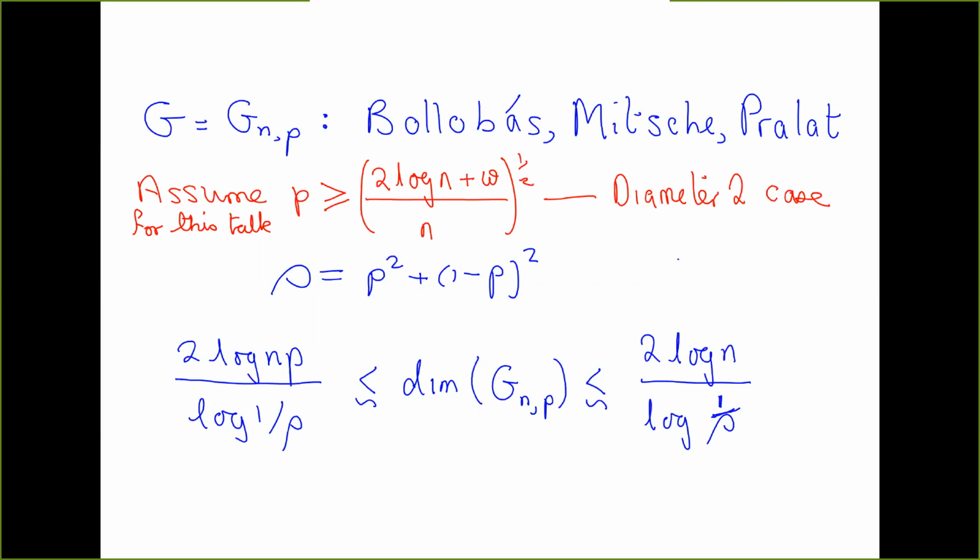So anyway, we're going to assume that we're in a dense case for most of the talk, although the paper on the dimension covers lower p as well. We have this parameter rho, p squared plus (1 minus p) squared.